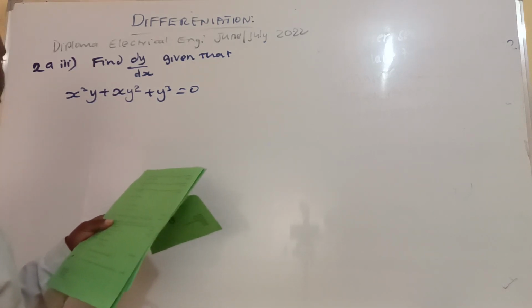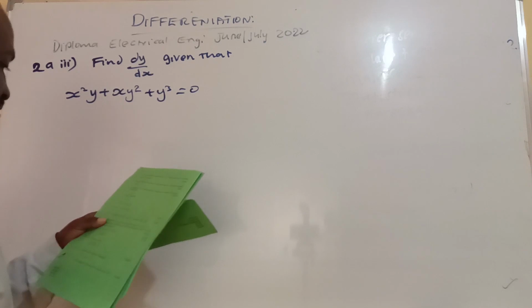X squared y plus xy squared plus y cubed is equal to 0.